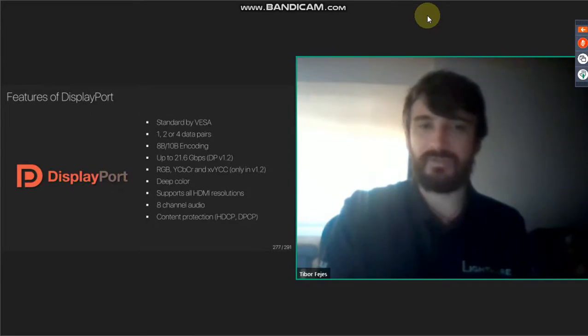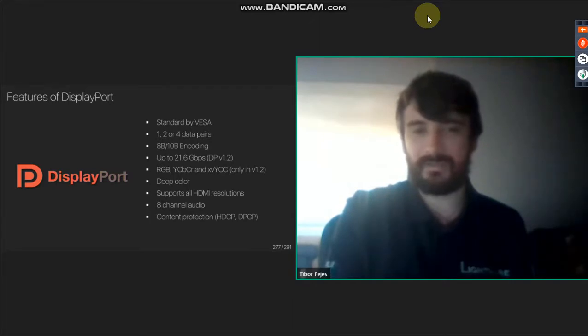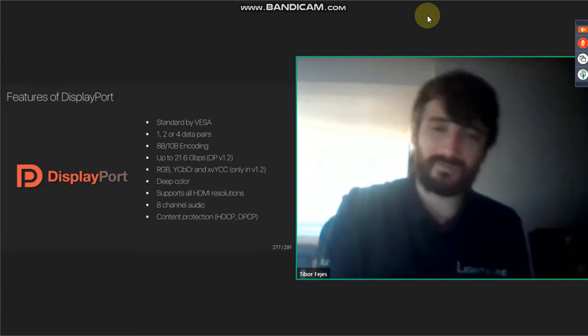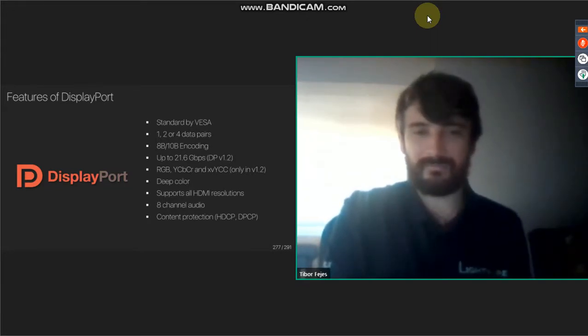So as I mentioned, it's the graphics card manufacturers teamed up with VESA to define the standard. It can use 1, 2, or 4 data pairs, which we'll look at in a minute. It's got a similar 8 to 10-bit encoding that is similar to TMDS. With DisplayPort 1.2, it's up to 21.6 gigabits.